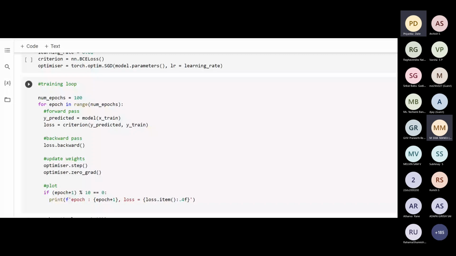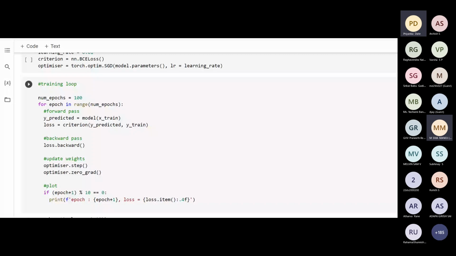The next step that I've done is optimizer.zero_grad, which is essential here because loss.backward works such that it keeps on adding the gradients that it has calculated till then. So as I iterate through this loop, my gradients will be added up, which I don't want. I want fresh gradients for every iteration. Therefore, I have to set the gradients back to 0 after every iteration.